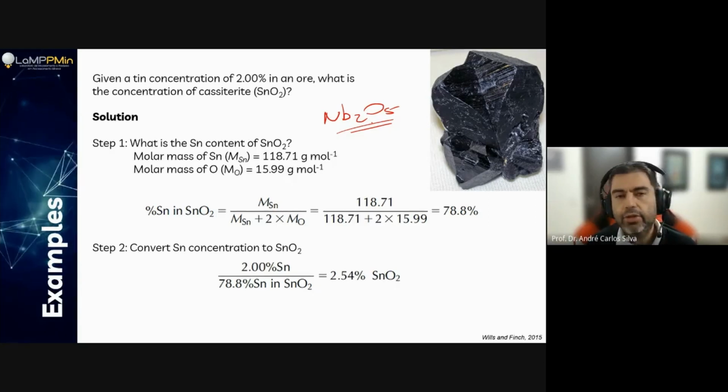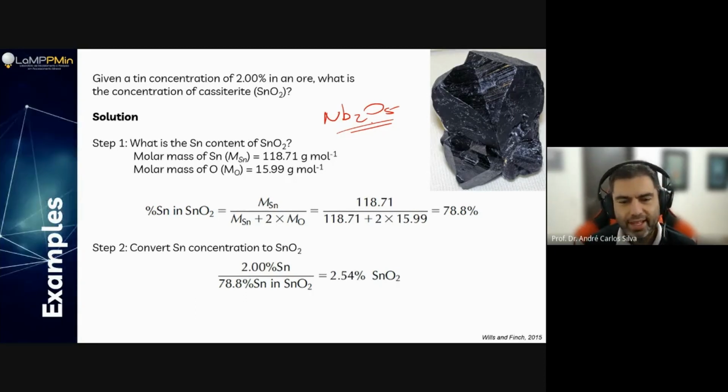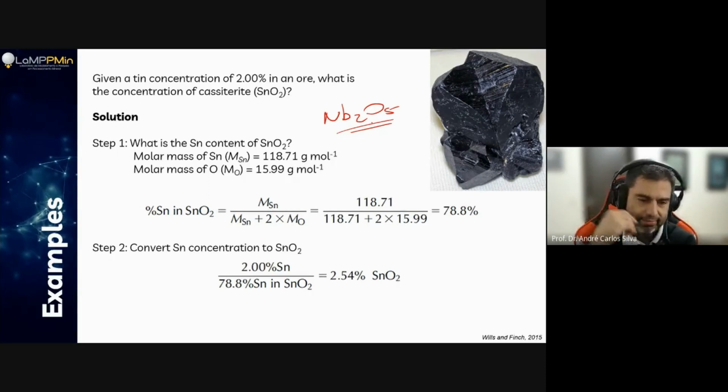And that also works with iron ore, and iron ore is even worse, because sometimes you get to a place and the guy gives you this number: our iron grade over here is 60%. And you say, oh my God, now I'm confused, because 60% is a number that could be related to iron oxide or only iron.